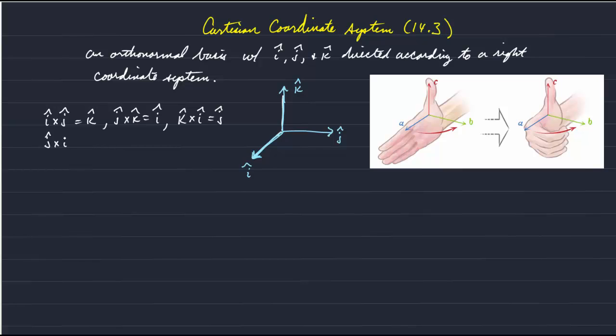j hat crossed with i hat, however, is equal to minus k hat. k hat crossed with j hat is equal to minus i hat. And i hat crossed with k hat is equal to minus j hat. You can remember these vector products using the following mnemonic tool. You just write the vectors in order, i, j, and k.